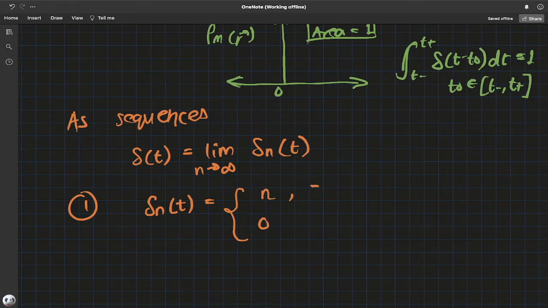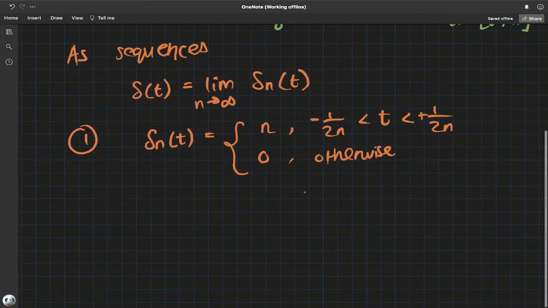N, if minus 1 over 2n is less than t, which is less than positive 1 over 2n, and 0 otherwise. So it's giving you this sort of range.